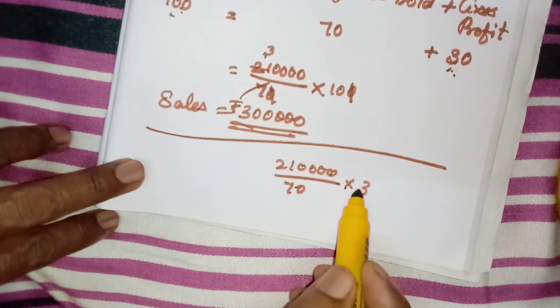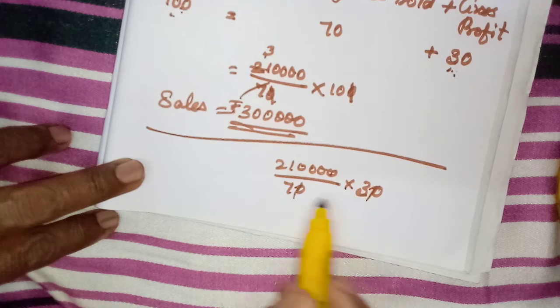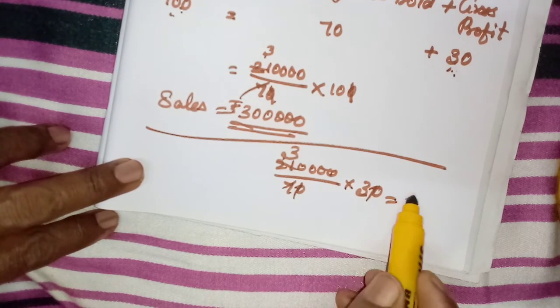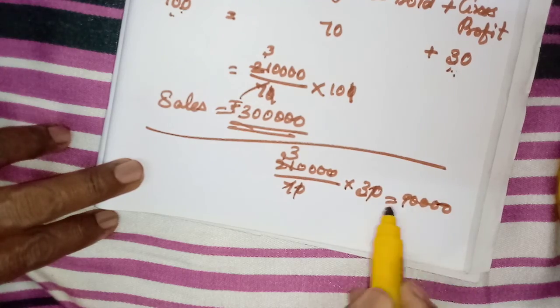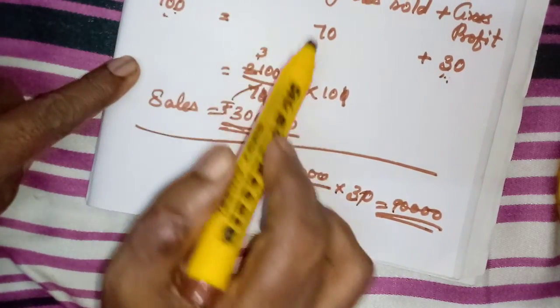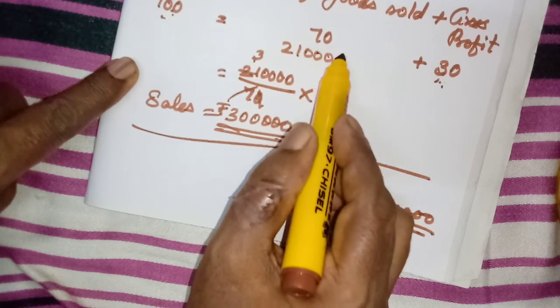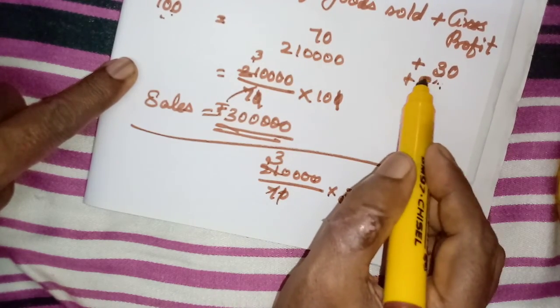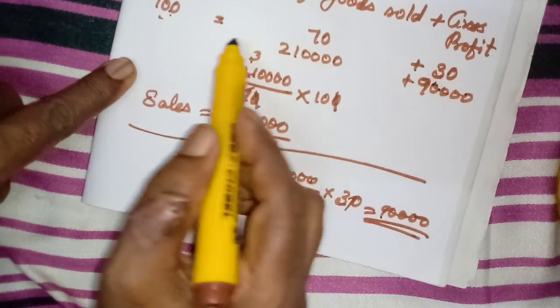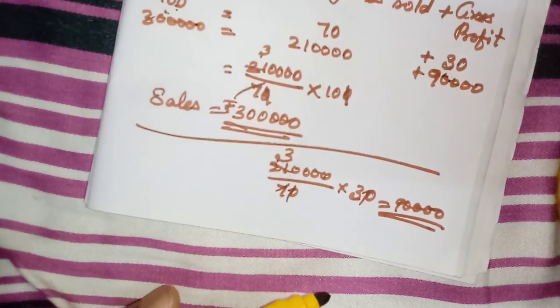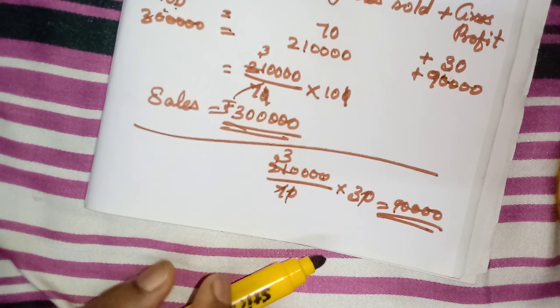How much is for 30? 30,000 into 3, 90,000. Now you see, if we add this 2,10,000, plus here 90,000. How much we will get? 3 lakh, isn't it? So that we can calculate.